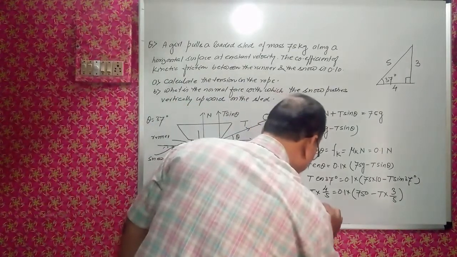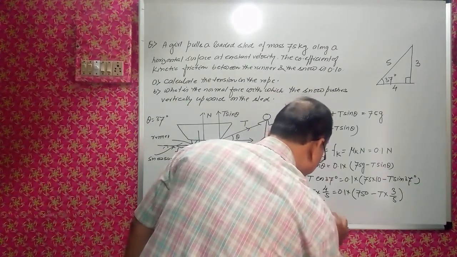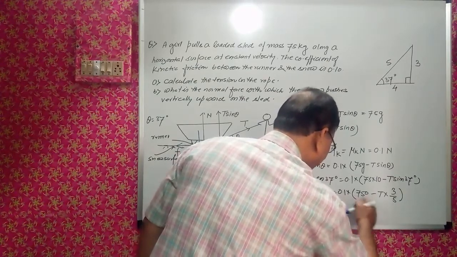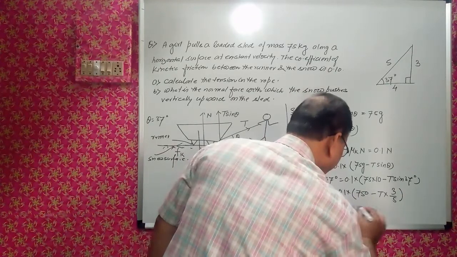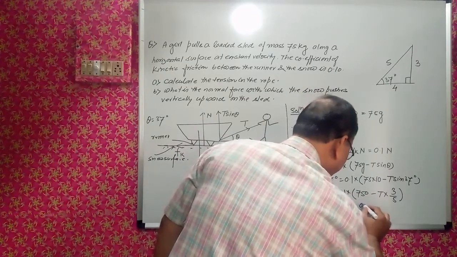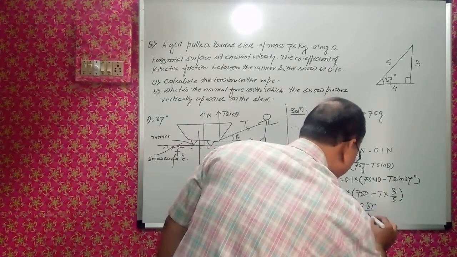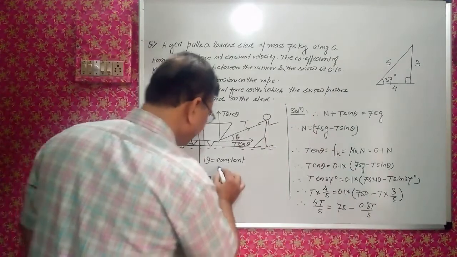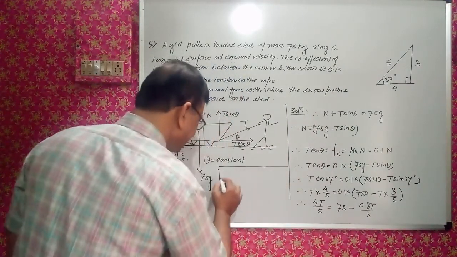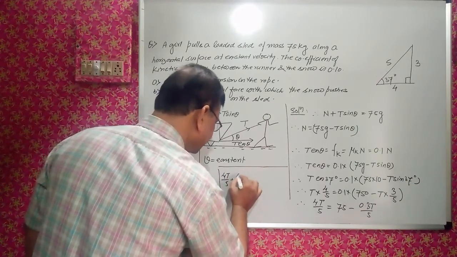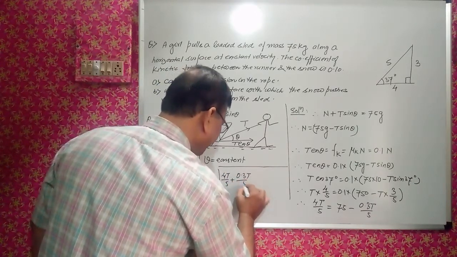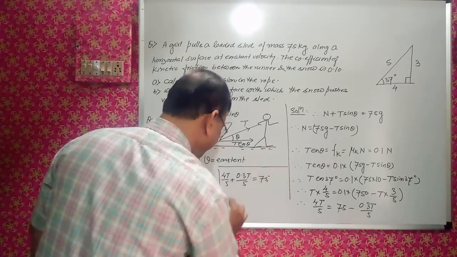So therefore 4T by 5 is equal to, if you multiply, we will get 75 minus 0.3T upon 5. So further we can write 4T by 5 plus 0.3T by 5 is equal to 75.